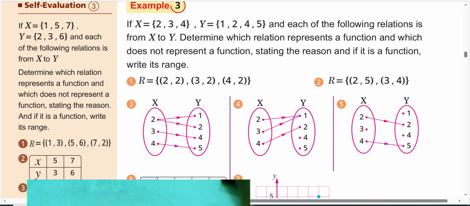Number 3, 2, 3, 4, not a function, because element 2 has 2 images here, not only 1 image. Question number 4 is a function, because each element in x has only 1 image in y. Question number 5, the element 3 hasn't any image, so it's not a function.